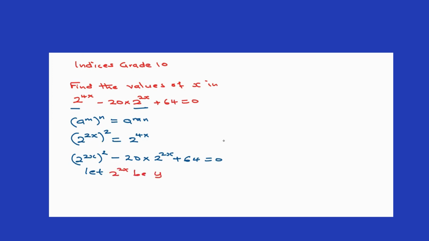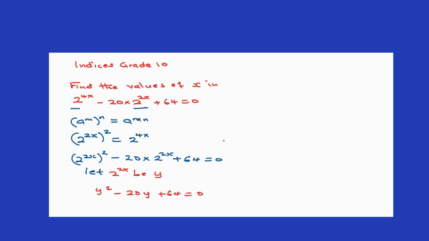I like y, I don't know why. Okay, so we have to substitute that in our equation. Where we have 2 raised to the power 2x, we'll be replacing that with y. So we'll have y squared minus 20 times y plus 64 is equal to 0.